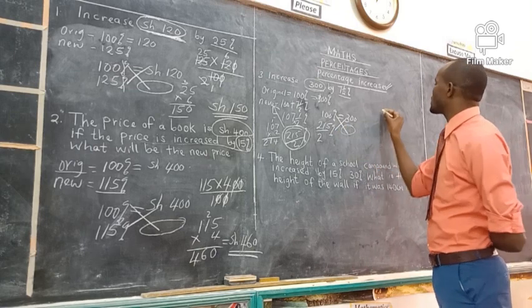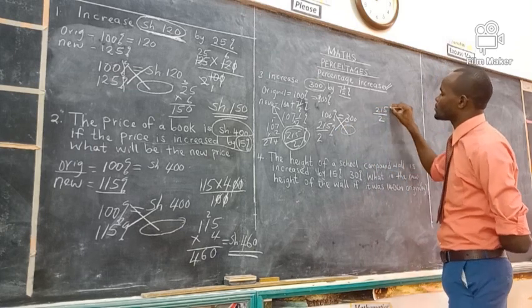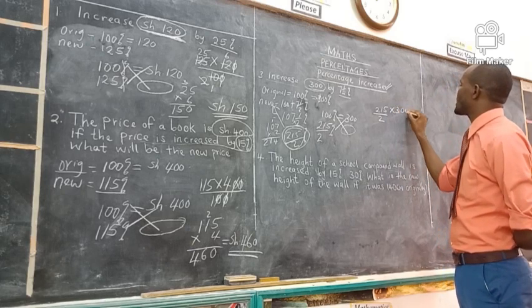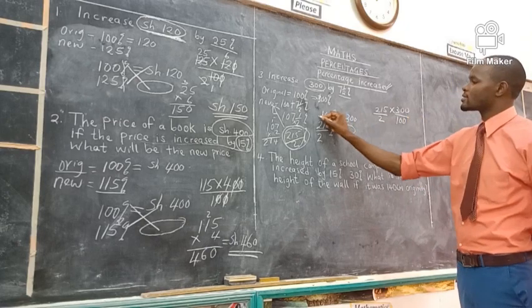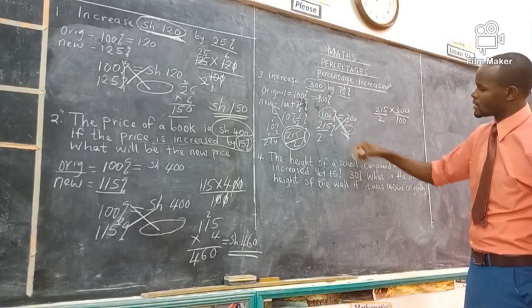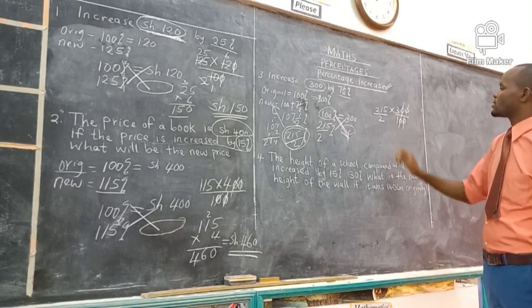So we will have 215 over 2 cross multiplied to 300. Then our 100 will be below. Make sure this is on the denominator side. Cancel the zeros.